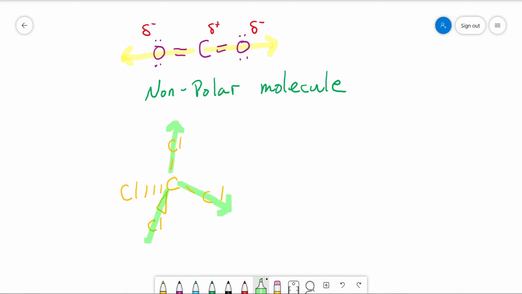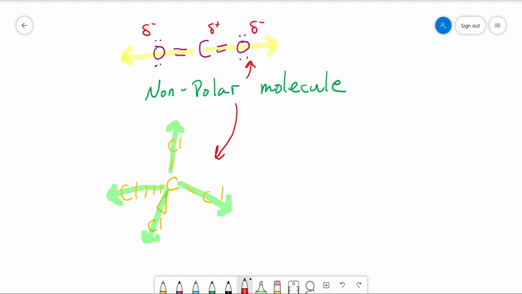Okay, and they're pulled in this direction. But because this is a symmetrical molecule, again, they're pulled in opposite directions equally, so this too becomes a non-polar molecule.